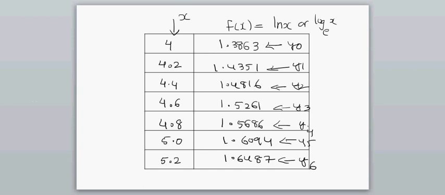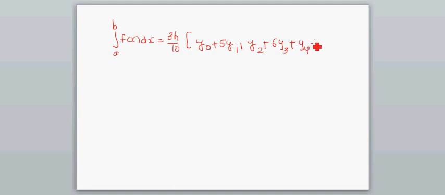In the previous video I showed how to write Weddle's formula for 6 intervals. The integral over the interval a to b of f of x dx, in the case of Weddle's rule, the formula is 3h by 10 into [1 into y0 plus 5 into y1 plus 1 into y2 plus 6 into y3 plus 1 into y4 plus 5 into y5 plus 1 into y6].